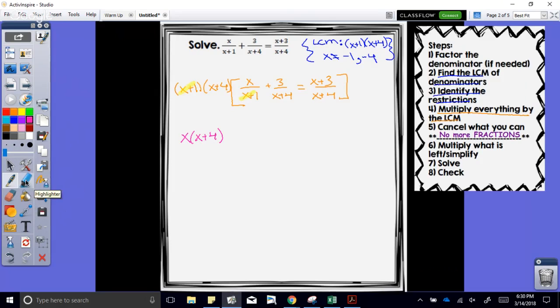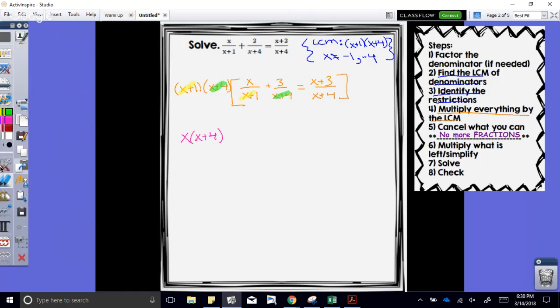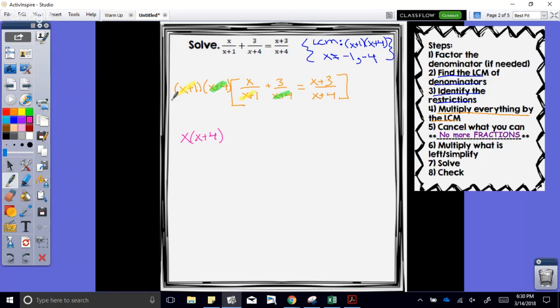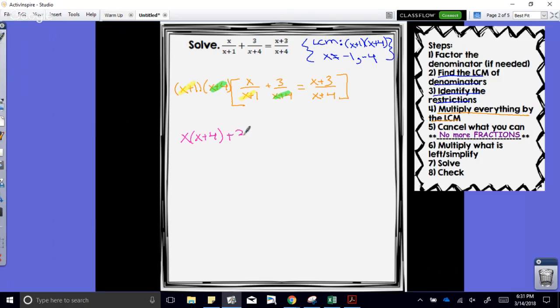And the second time, I multiply by the LCM. Okay, I'll do that one in green. The x plus 4 is going to cancel with the x plus 4, but I'm still left with a 3 and an x plus 1.